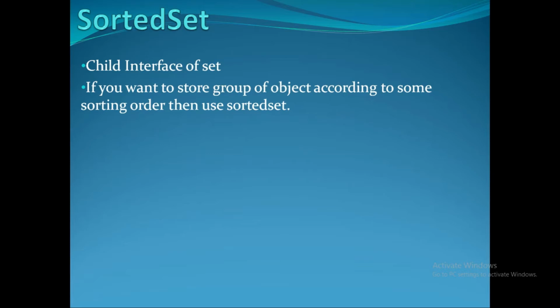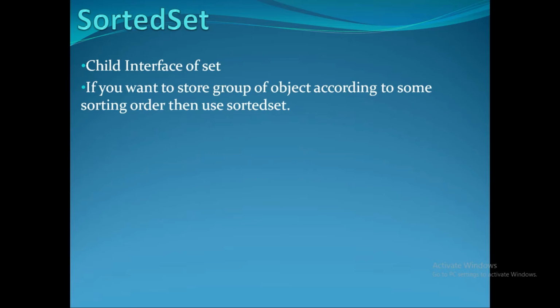As I told you earlier, in a hash set we can store unique elements. Duplicate elements are not allowed, but the insertion order is not preserved in a hash set. In a linked hash set, duplicates are not allowed, but the insertion order is preserved.